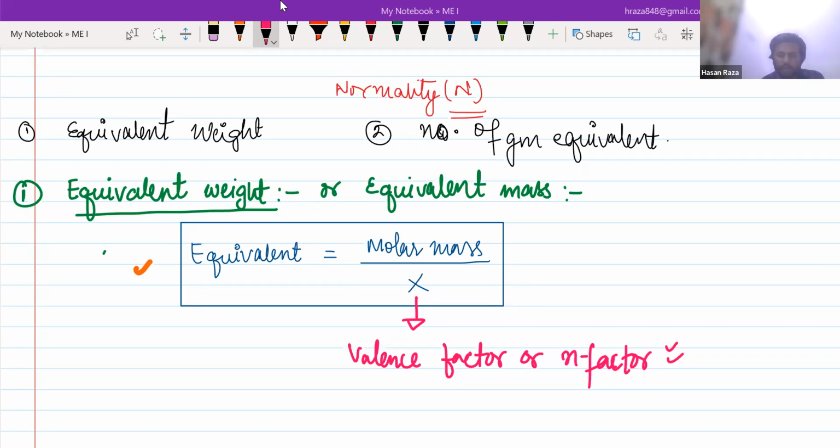So first write it and then let me know so that I will start explaining what this X is. X is basically known as N factor or valence factor. Please do let me know when you are done with this. Yes, sir. Very good.